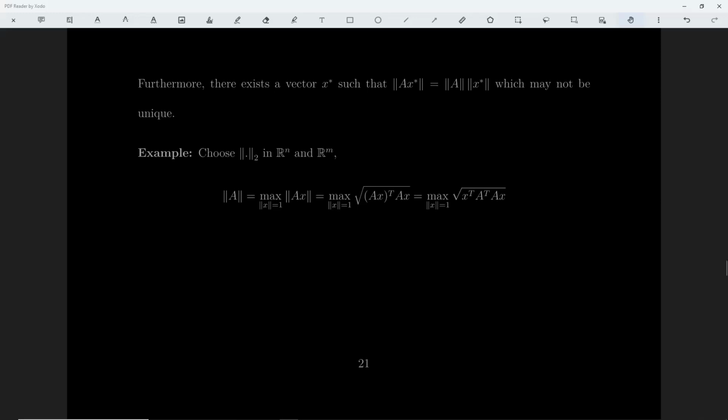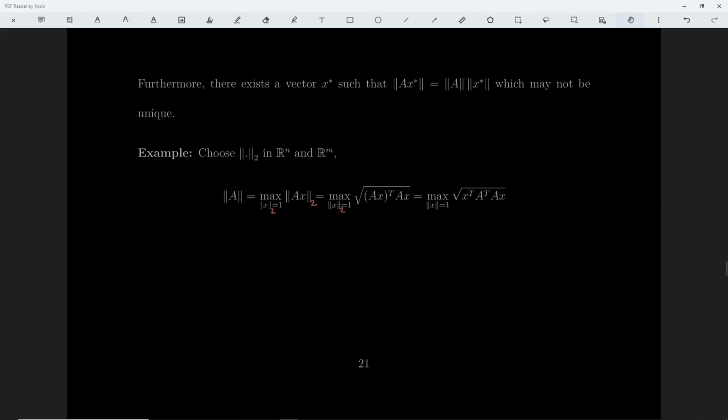So I will define the induced norm of the matrix in that case by saying that I am going to maximize the L2 norm of Ax while the L2 norm of the vector x itself is equal to 1.